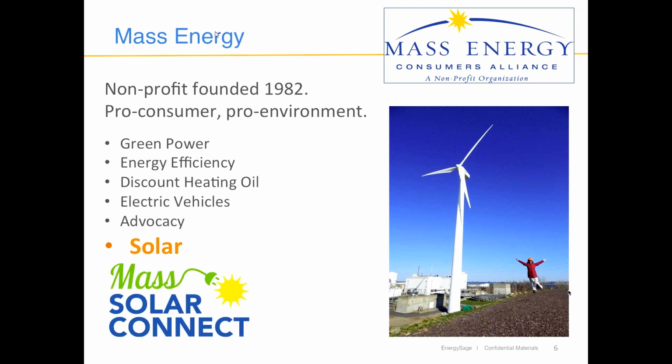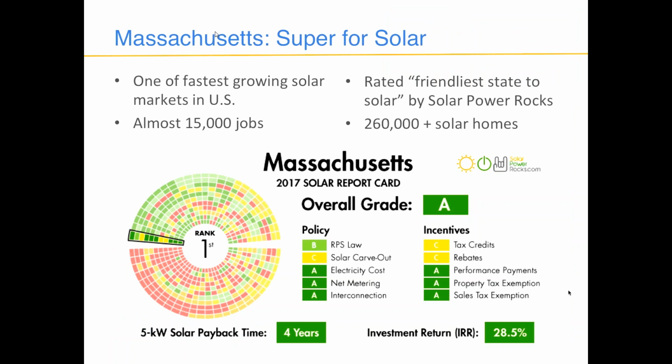With Mass Solar Connect. Next slide. So Massachusetts is a super state for solar. As you see, we are ranked #1 in the nation by solarpowerrocks.com. Hi, welcome, Sally Pick.